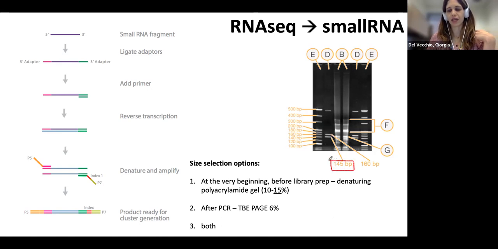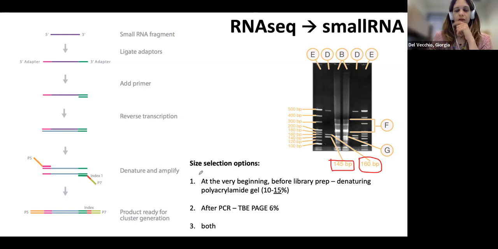145 base pairs is the usual size of a small RNA library, while 160 is the size of the adapter dimers, okay? So it's hard to remove the contaminants from these libraries.